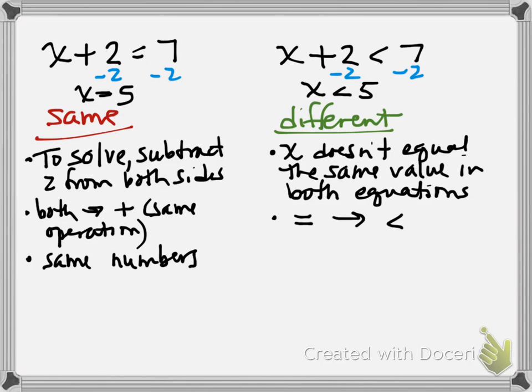If I were to graph the one on the left, what would I get? It's not a linear equation. It's just a single variable. It's not two different variables.